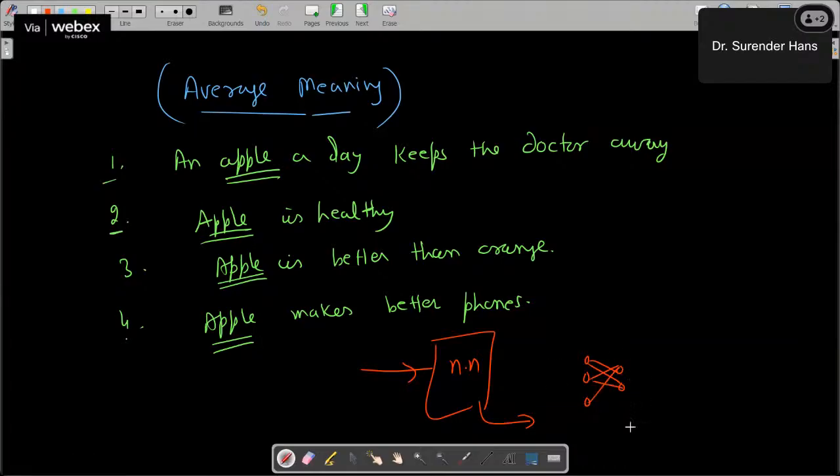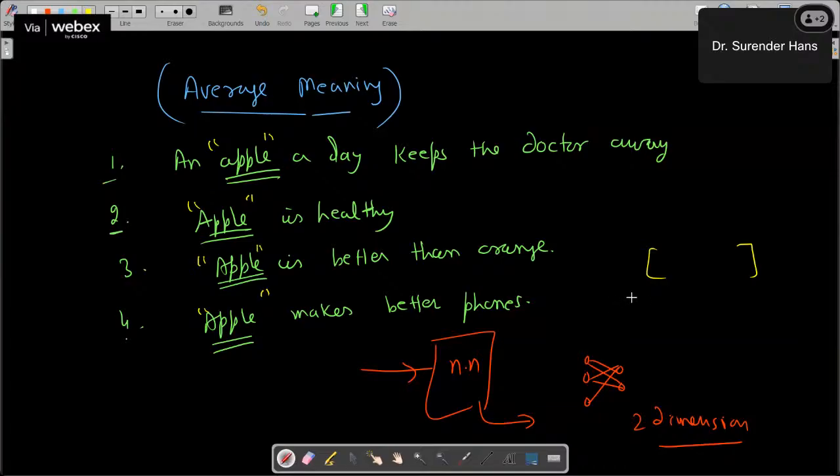Clear? So this one is two dimensional, just to understand it. This means every word in this training data is focused on a single word, apple, and this one is a two-dimensional vector.